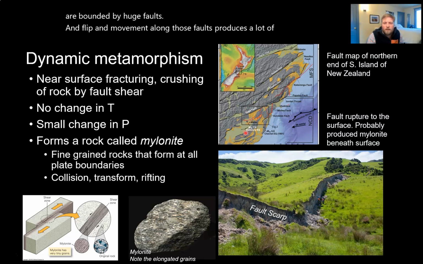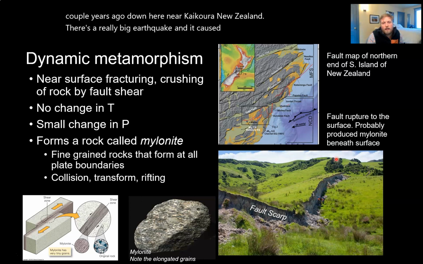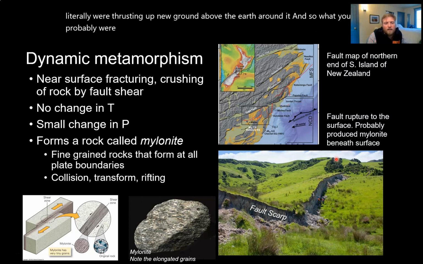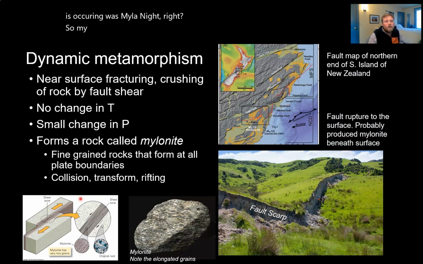And so a couple of years ago, down here near Kaikoura, New Zealand, there was a really big earthquake, and it caused surface rupture, meaning that you literally were thrusting up new ground above the earth around it. And so what you probably were producing along that failure plane, or where the slip along the fault is occurring, was mylonite, right? So mylonite you can remember as being the one from slipping, okay?